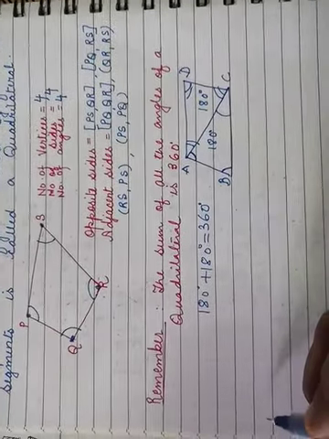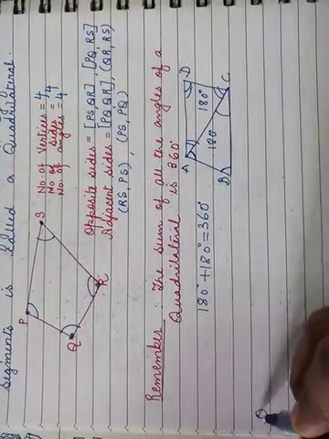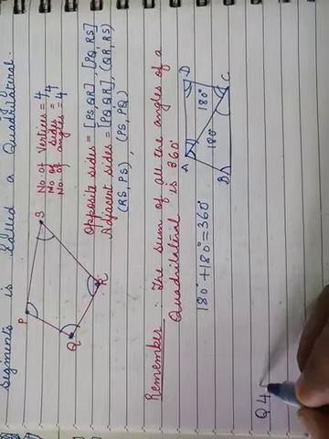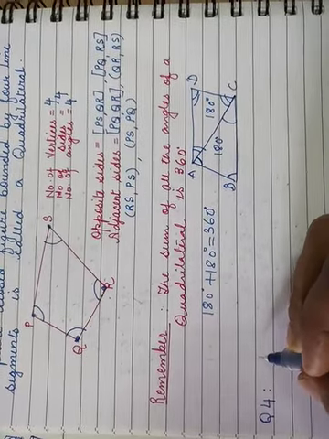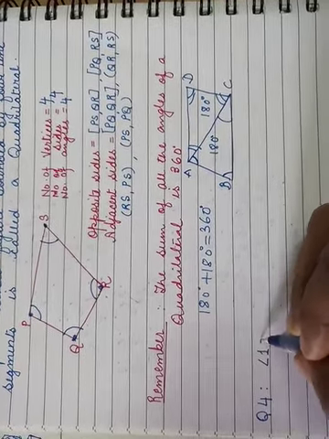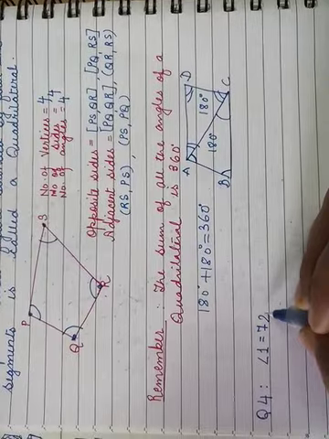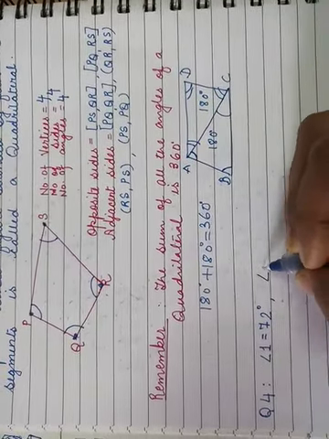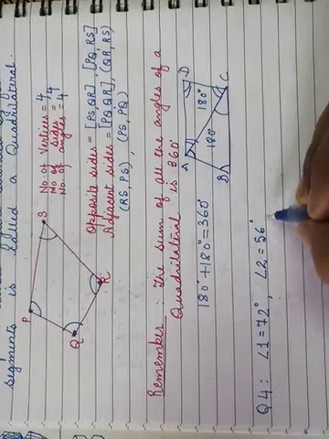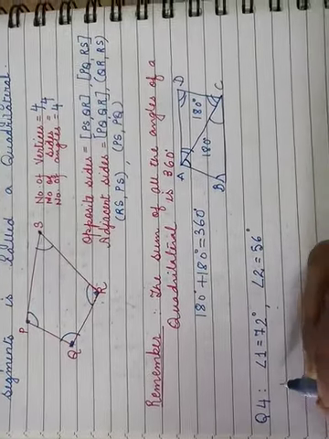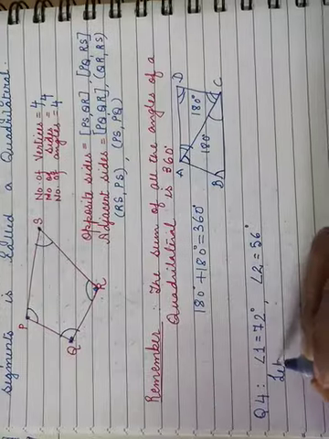Now we do question number 4. First, angle 1 is given equal to 72 degrees. Angle 2 is given to you equal to 56 degrees. This is given. Now we let the common factor be x.